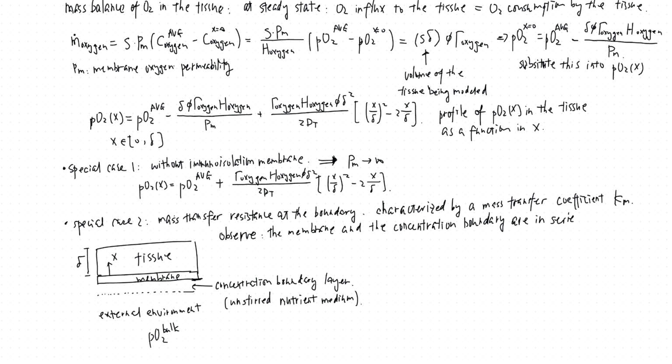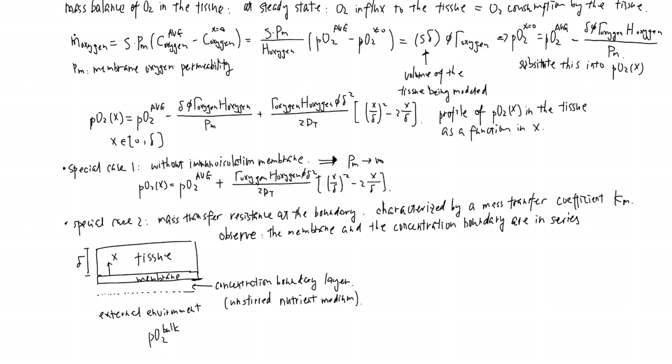That means their resistances add up together. Resistance is 1 over permeability or 1 over the mass transfer coefficient. If you borrow the idea that we discussed earlier, if you have two objects in series, then you can write out their effective resistance just by adding up these two.